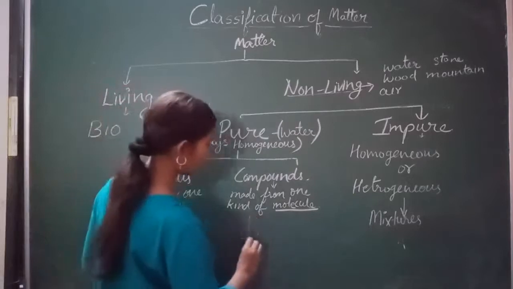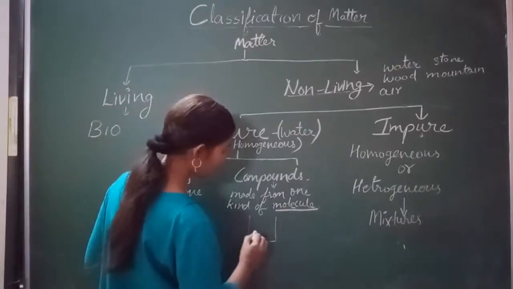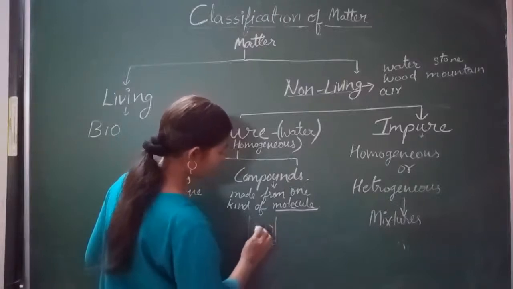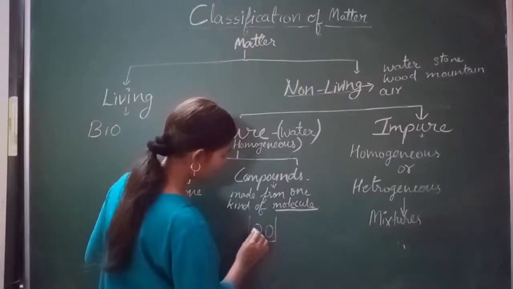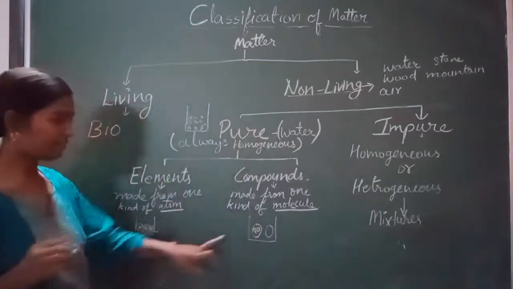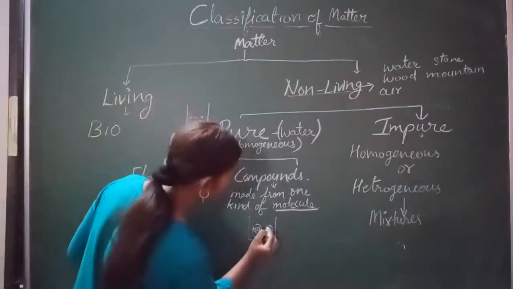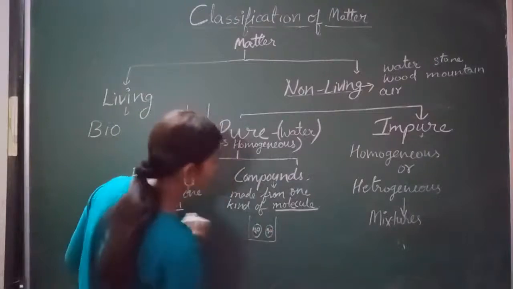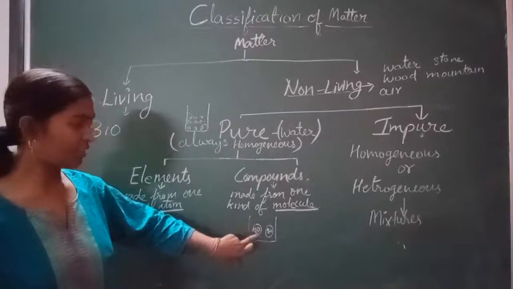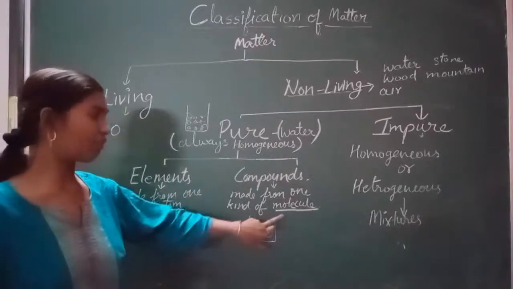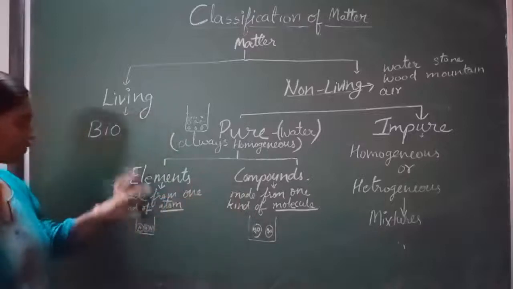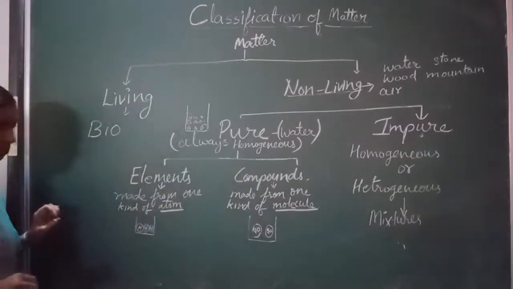If I take a glass of water, I will find H2O here, here also H2O. It means two kinds of atoms are mixed together and forming a molecule. Molecules are together in the compound and atoms are together in the elements.